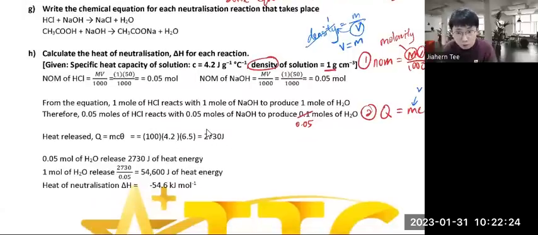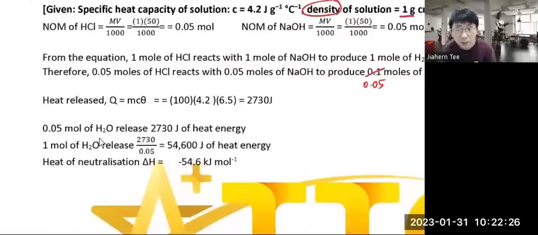Once you have this, you can use a ratio format to relate to what you actually have. Because you see from here, this experiment is 0.05 mole, and it releases 2,730 joule of heat energy. But when we talk about heat of neutralization, it's always in terms of 1 mole, right? So you convert the 0.05 mole to 1 mole.